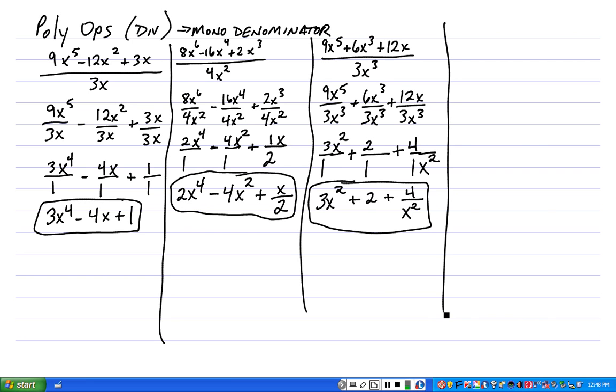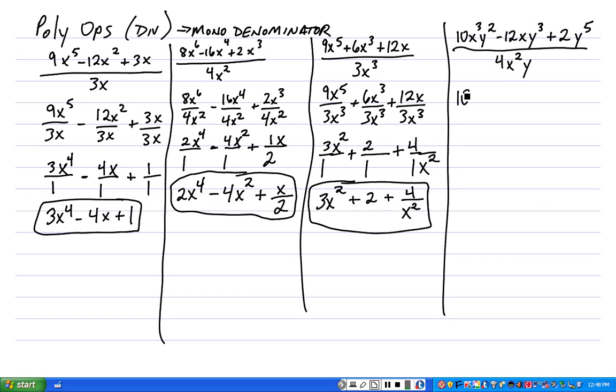Alright, last one. Let's say 10x to the 3rd y squared minus 12xy to the 3rd plus 2y to the 5th all over 4x squared y.